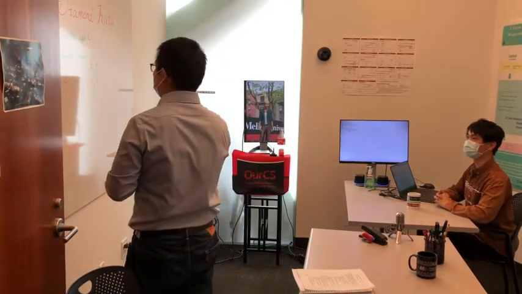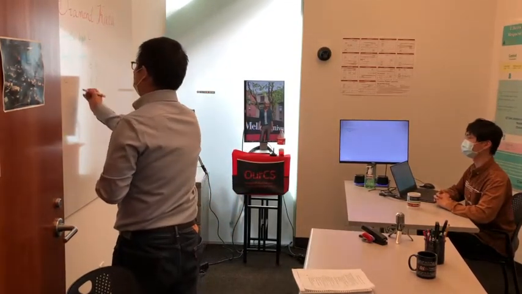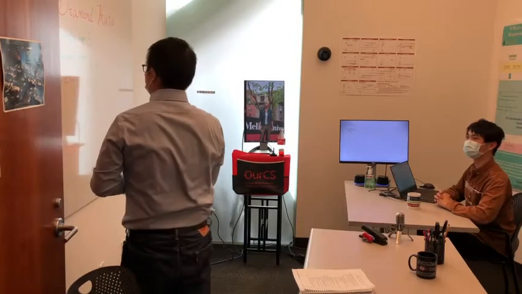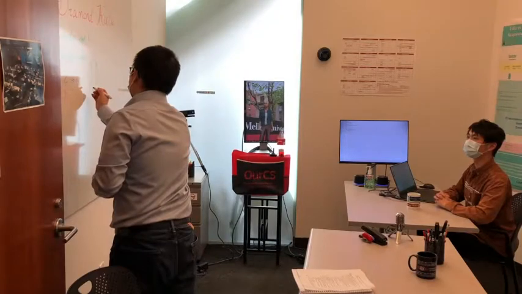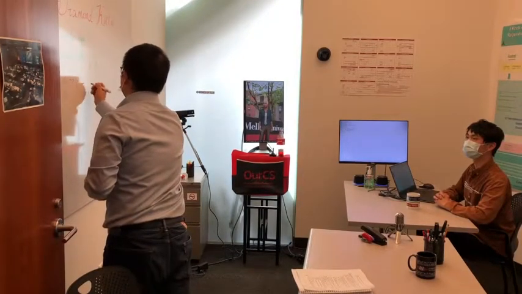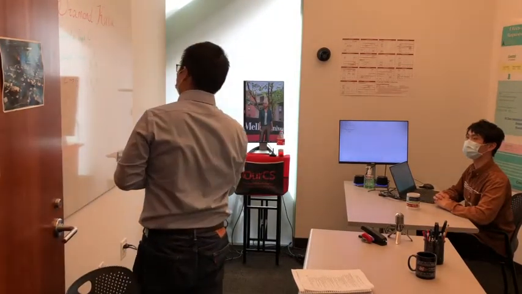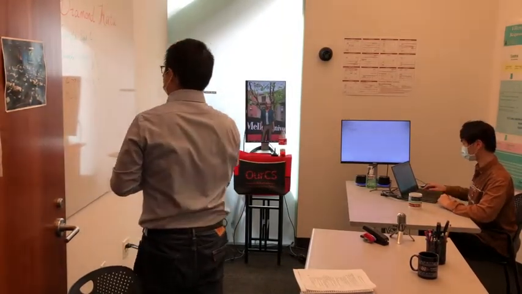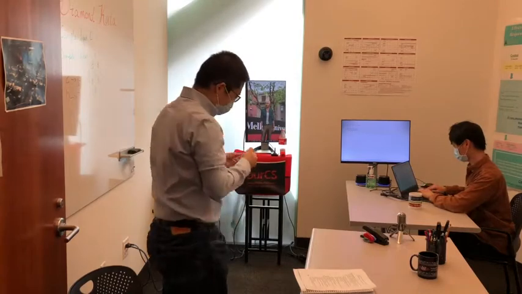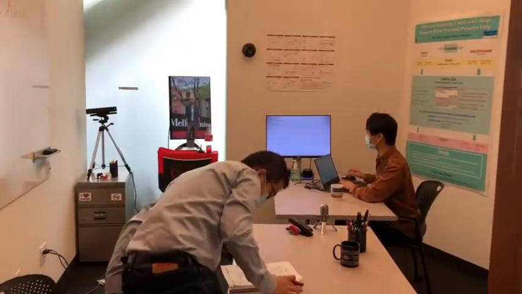A, B, C, B, A. It should be 5 lines. Okay, it's 5. So, let's try D. Yes, maybe it's... Oh, we need to add 2 more lines into it, right? Yeah, so it should be 7 lines. Okay, good. So, what's the conclusion? I don't know. Let's code it. Okay.